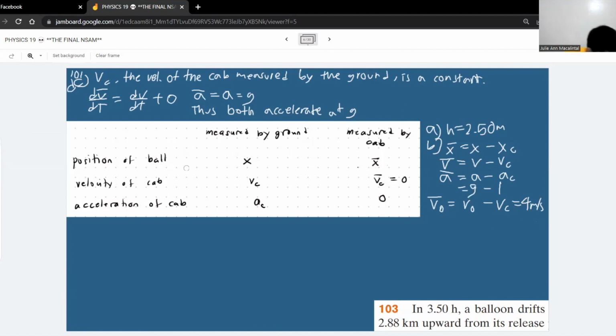So around 8.8 meters per second squared, di ba? Okay, so according to the cab, constant acceleration pa rin yung ball, pero yung acceleration measured by the cab is going to be 8.8 downwards.